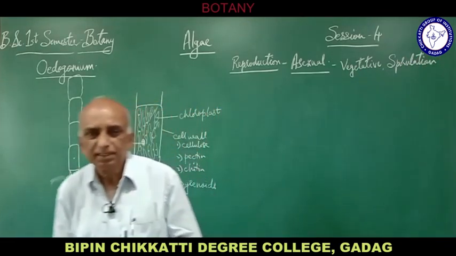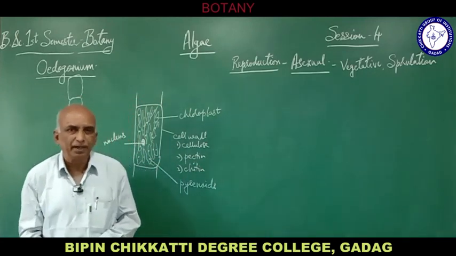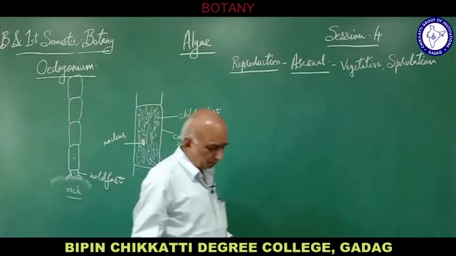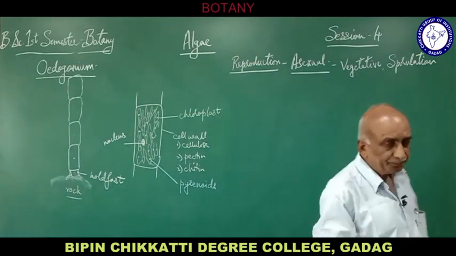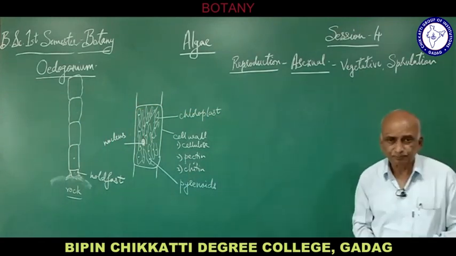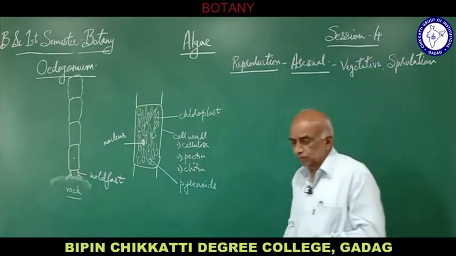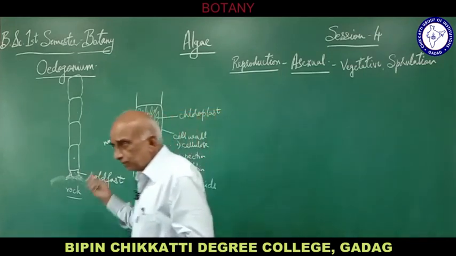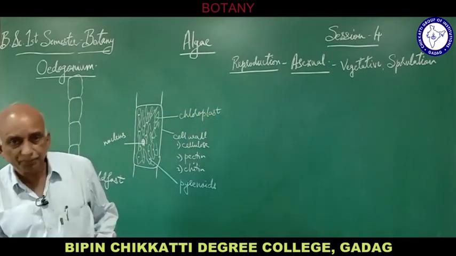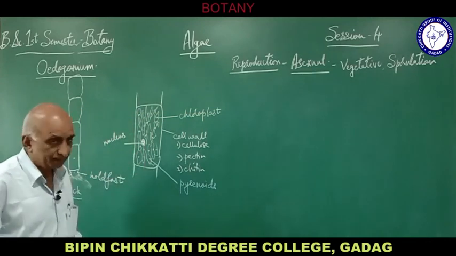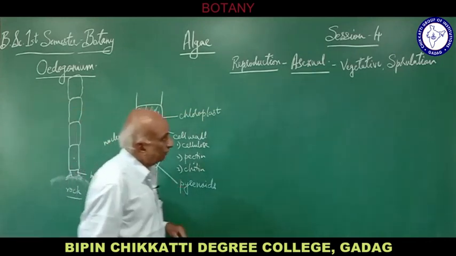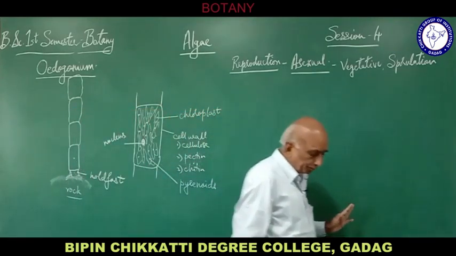The vegetative method is a simple method of fragmentation, which we have already studied in Nostoc. The Nostoc filament, same as the Oogonium filament, is made up of elongated cells.